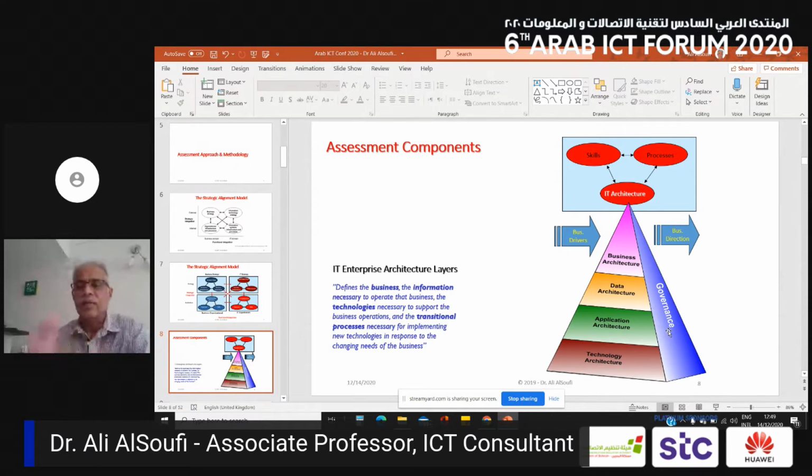This pyramid is based on TOGAF, the Open Group Architecture Framework, and it consists of four main layers: the technology architecture, application architecture, data architecture, and business architecture. Vertically, you have a governance set of rules and policies, which you need in each layer to make sure these layers work in a proper and secure way.